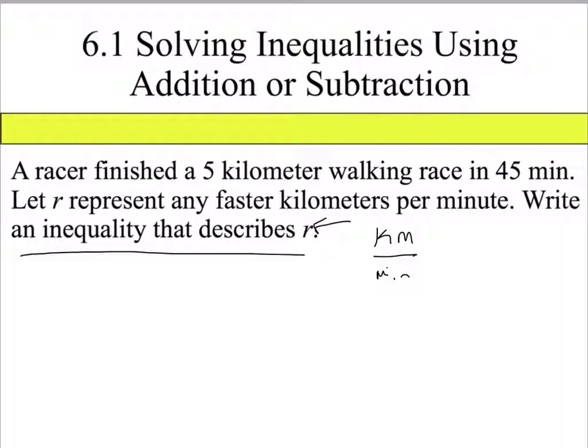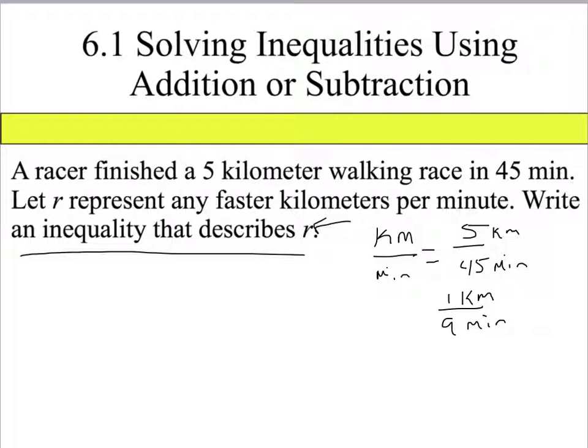Correct? So a racer finished 5 kilometers in 45 minutes. In other words, that means the racer did 1 kilometer every 9 minutes.